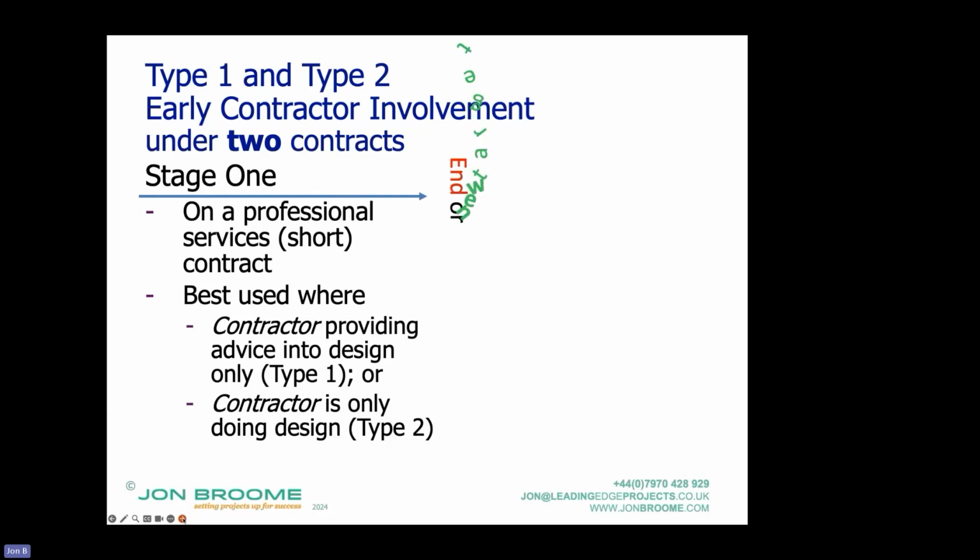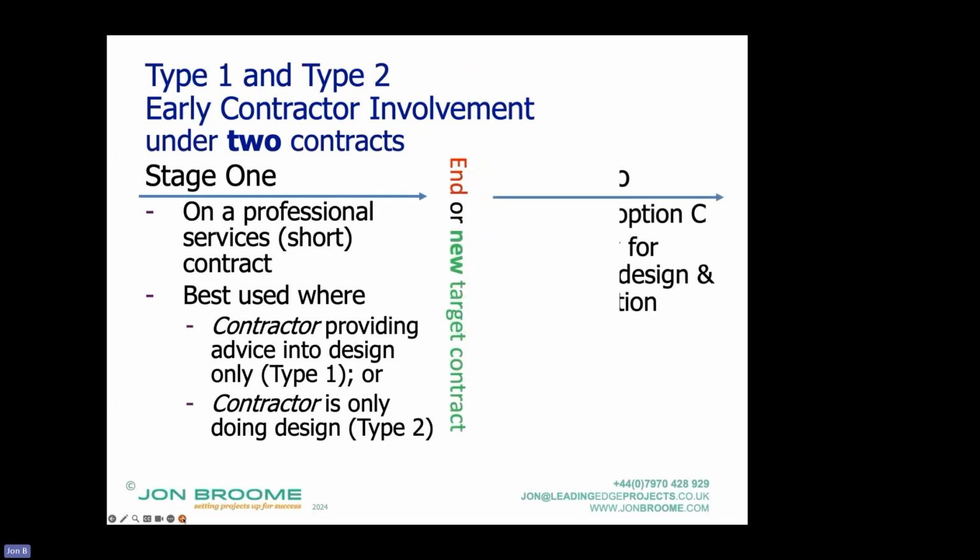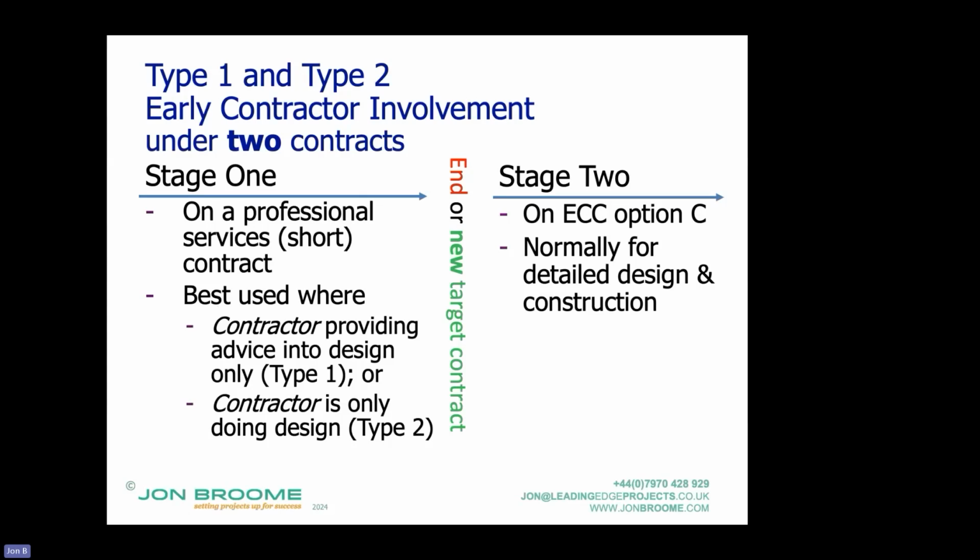Stage 2 is typically a target cost contract, but it's a new contract. Why type 1 and type 2? Type 1 is effectively where the client still has responsibility to develop the design, and therefore the contractor is providing advice only. So don't design it like that, design it like this.